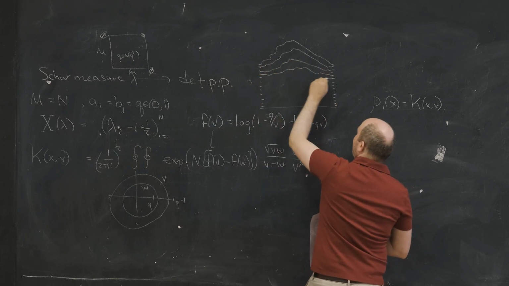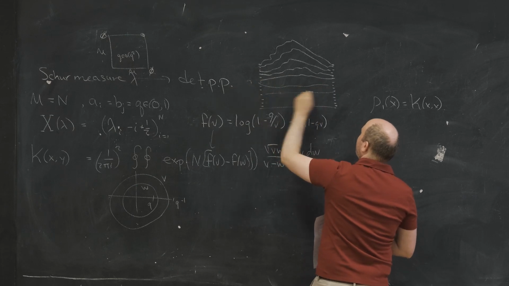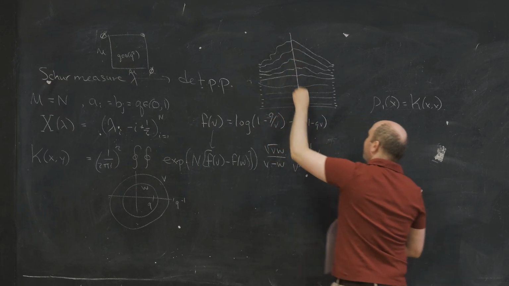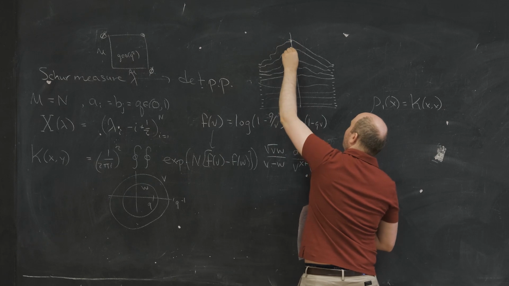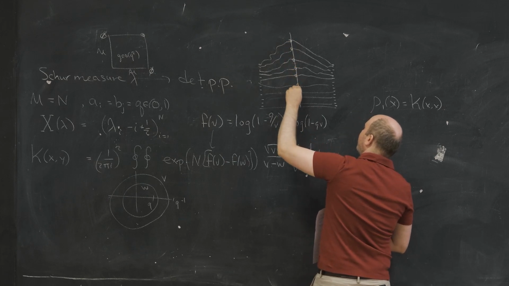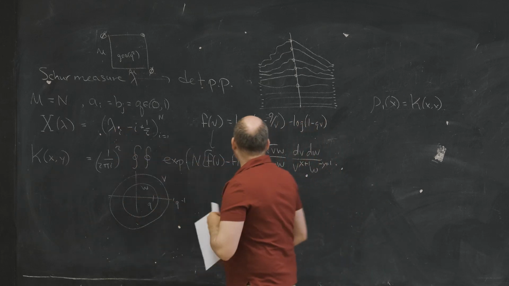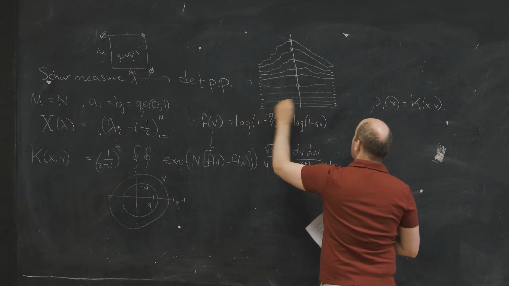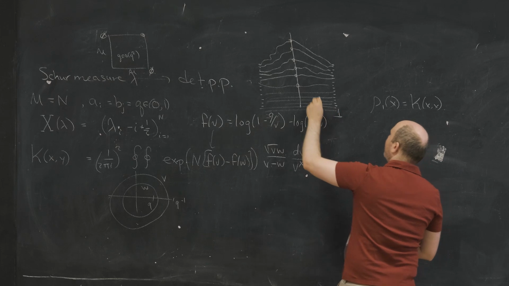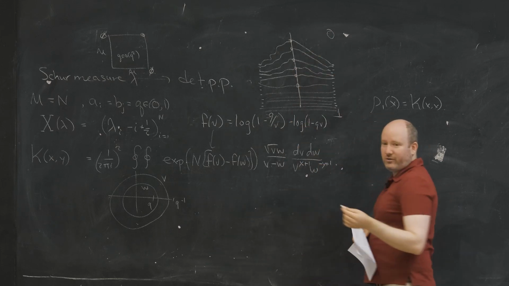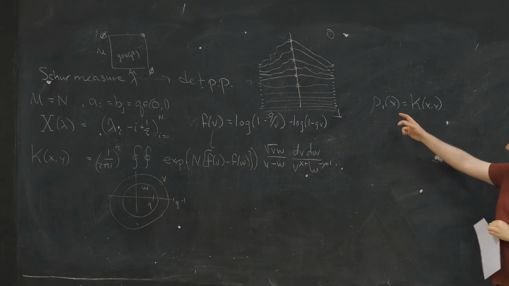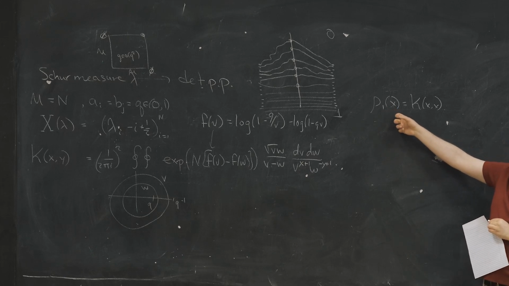Eventually we flatten out. And we looked at the intersection, and this was what this point process in question is, essentially. And so the question is, how do you transition from having density 1 to density 0 of the point process? And you get that by just looking at rho 1 of x.